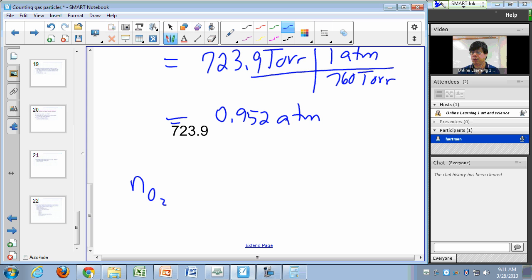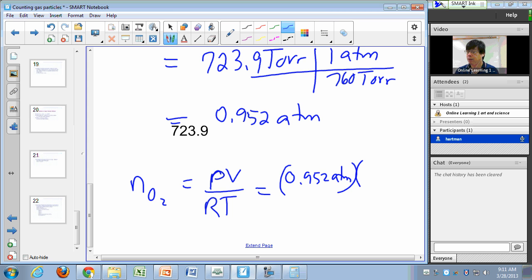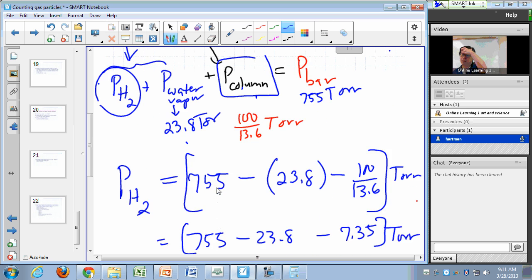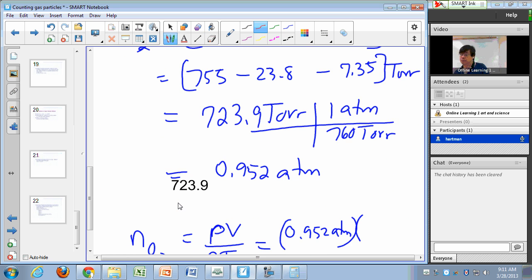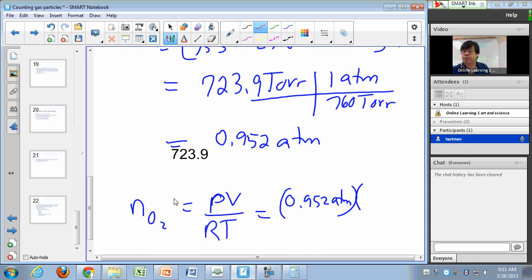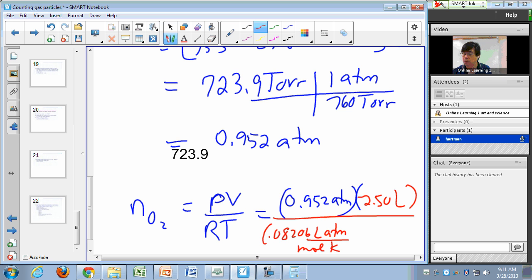I solve for moles of H2. So it's going to be PV over RT. So 0.952 atmospheres. The volume, according to the problem, is right here, 2.50 liters. R is 0.08206 liter atmosphere per mole per Kelvin. And the temperature is 298 Kelvin.